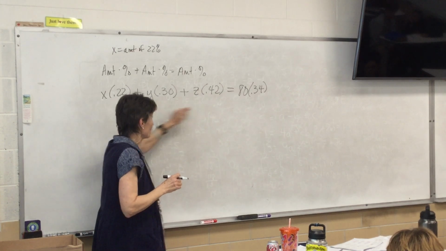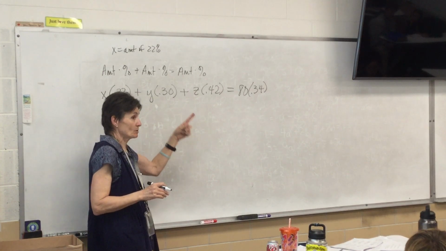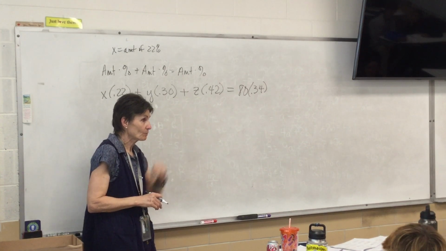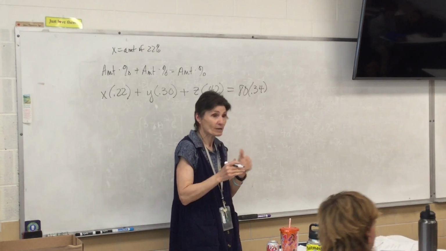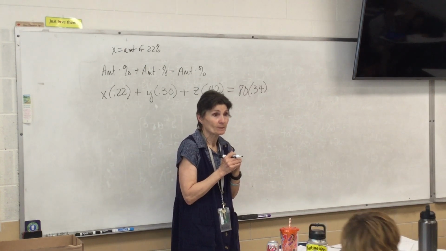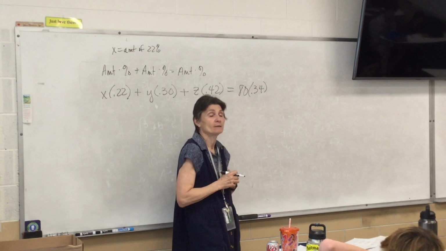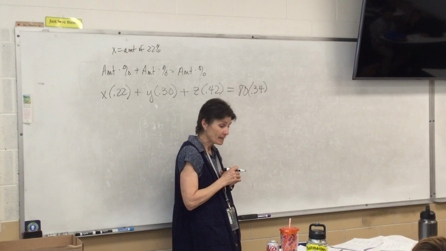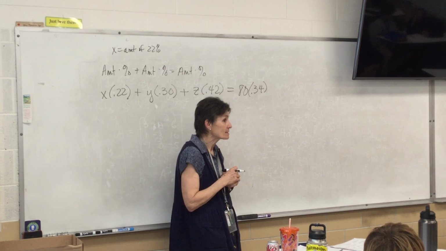At least that's the way I wrote this equation. Now, how many variables does that equation have? 3. So I need 2 more equations. I need to find 2 more equations in my problem so that I'll have a system like I just had, 3 equations, 3 unknowns. Does anyone see another equation in the problem?